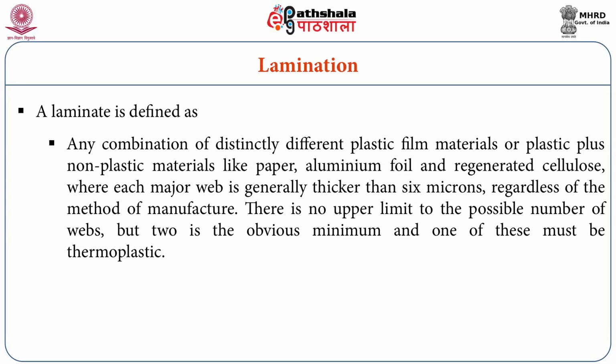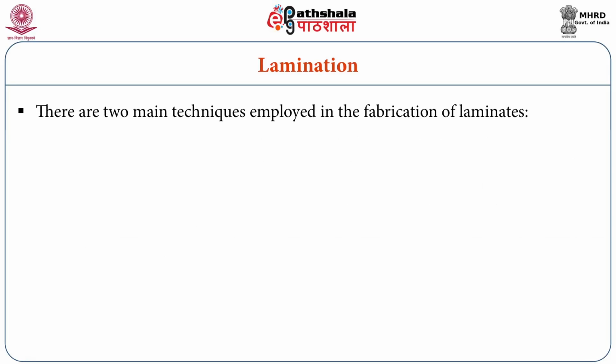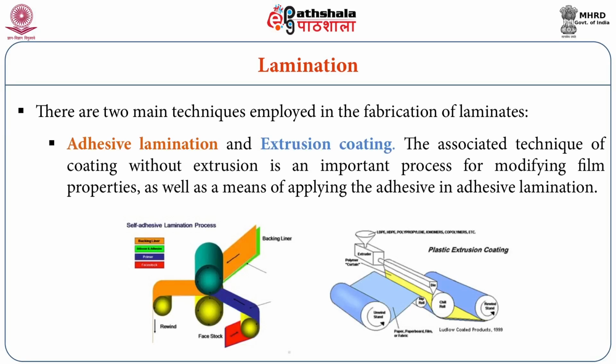There is no upper limit to the possible number of webs, but 2 is the obvious minimum and one of this must be thermoplastic. There are two main techniques employed in the fabrication of laminates: adhesive lamination and extrusion coating.